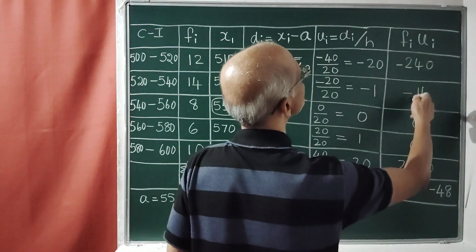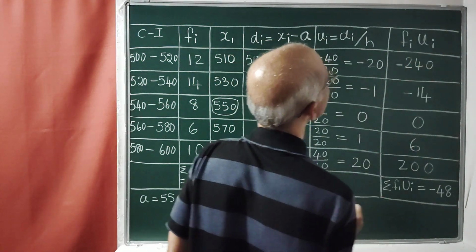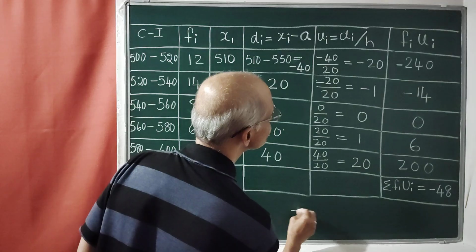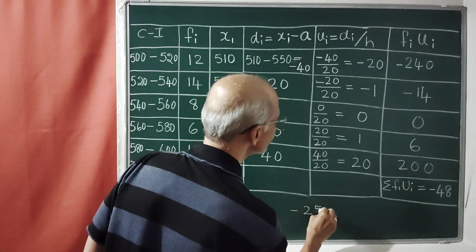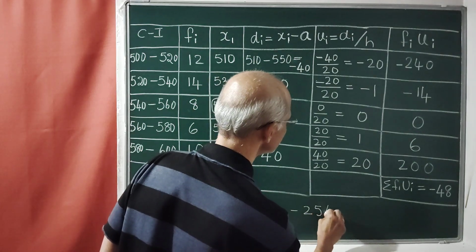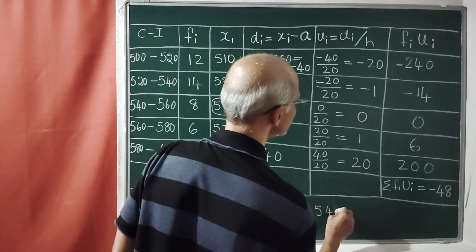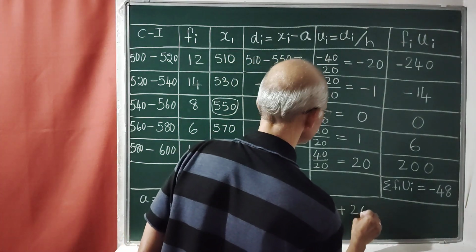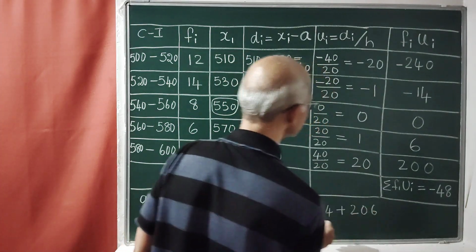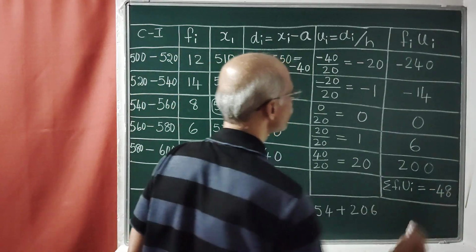If you solve this, minus 24 minus 14, we will get minus 38. Then plus 26. If you solve these two, you will get minus 12.